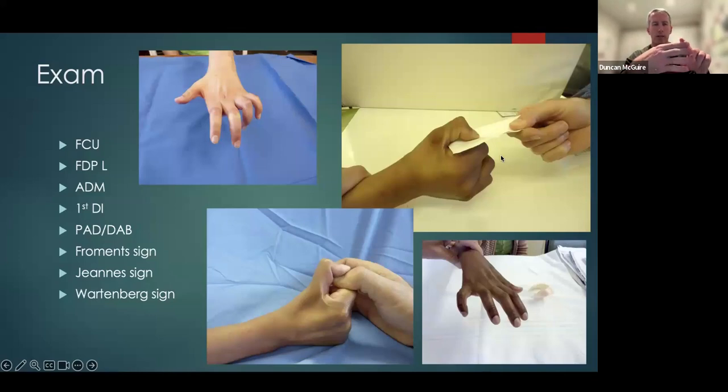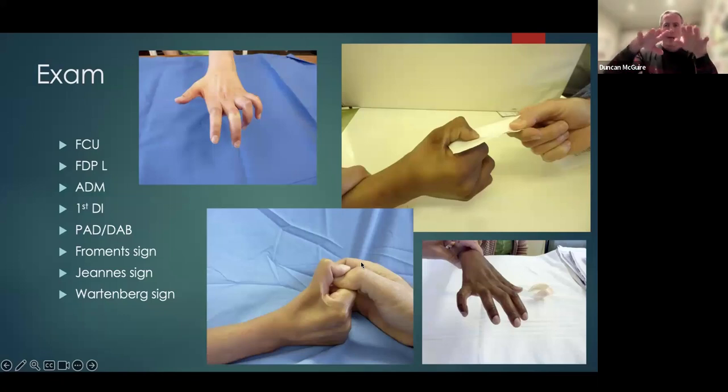Anyone who's got an intact first dorsal interosseous, even a frail old lady, it's very hard to actually break. You can't push it down. At the same time, while you're pushing it down, you can actually feel the first dorsal interosseous muscle. So that's the best way to test it, and I find that's the most reliable indicator of the ulnar nerve motor function in the hand.